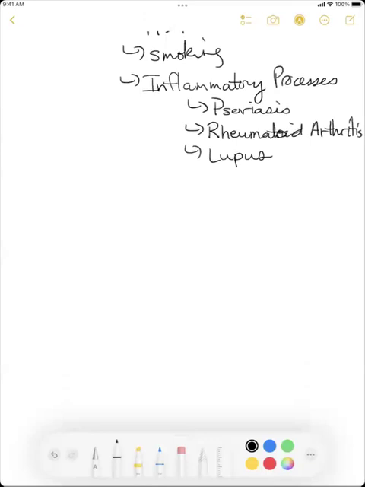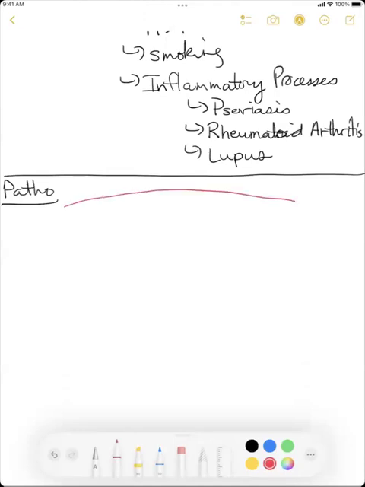When we talk about the pathogenesis of ischemic heart disease, it's really related to that plaque formation from atherosclerosis. I'm not going to go through the entire pathogenesis of atherosclerosis again, but essentially you have that blood vessel with that plaque that narrows the lumen of the artery.